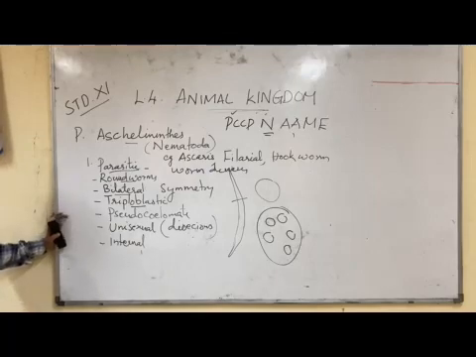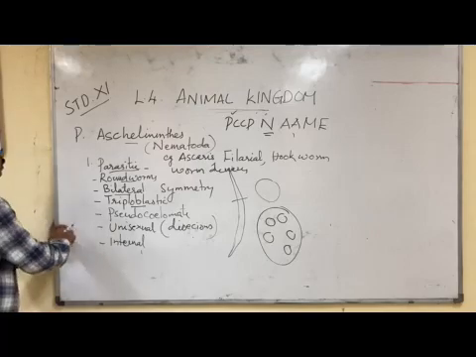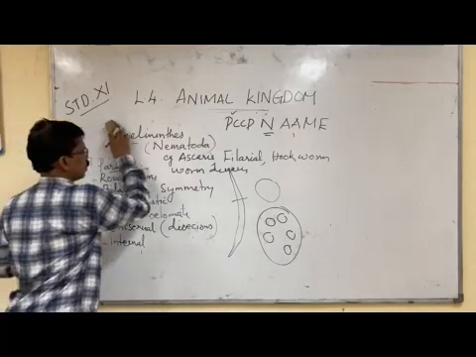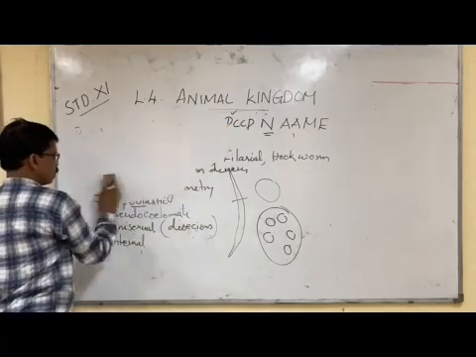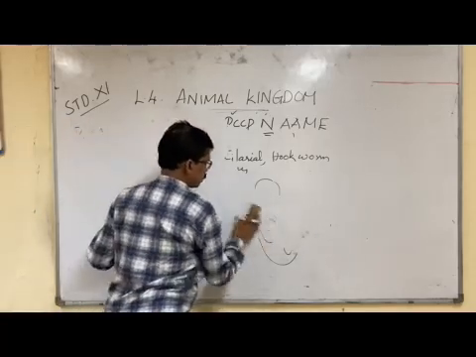Such a coelom is called a pseudocoelom. Unisexual, another term is dioecious. Internal fertilization. So these are the common features of phylum Aschelminthes or Nematoda. Keep in mind, most of the organisms are parasites.